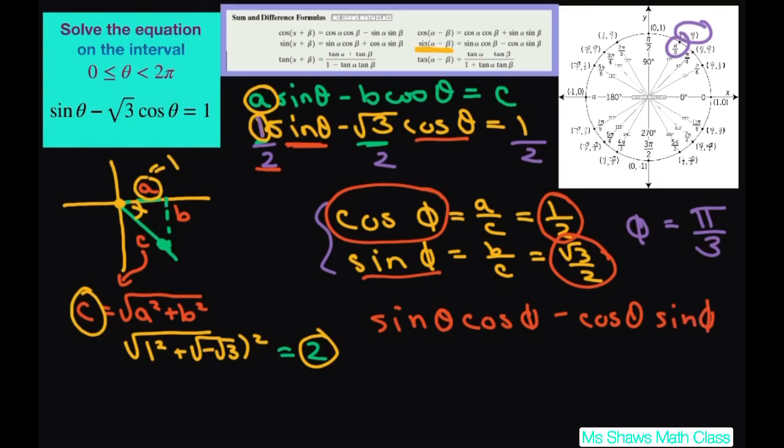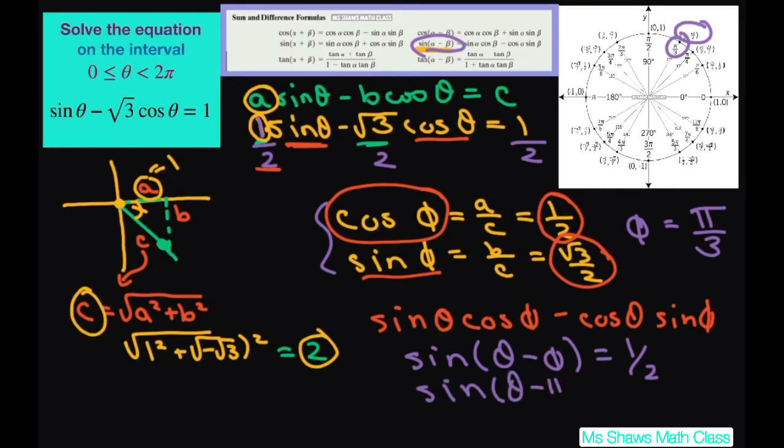This can be reduced to sine of theta minus phi. This equals 1/2. So we have sine of theta minus pi divided by 3 equals 1/2.